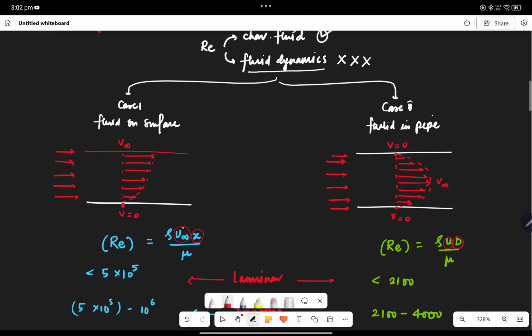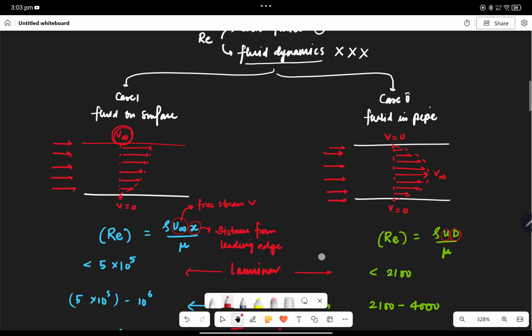So u infinity is the free stream velocity, and x is the length over which the fluid is flowing, which we can call the distance from the leading edge, right?